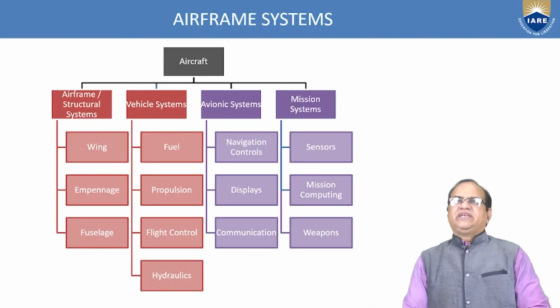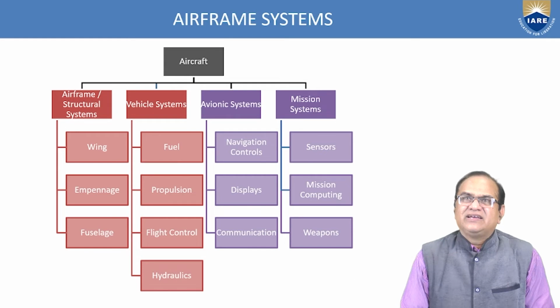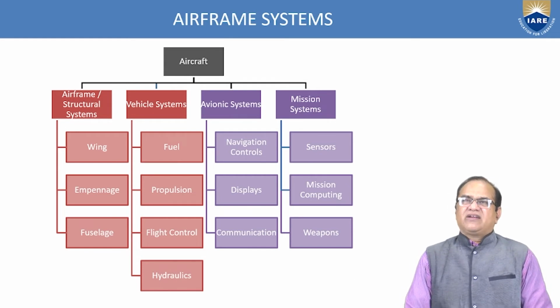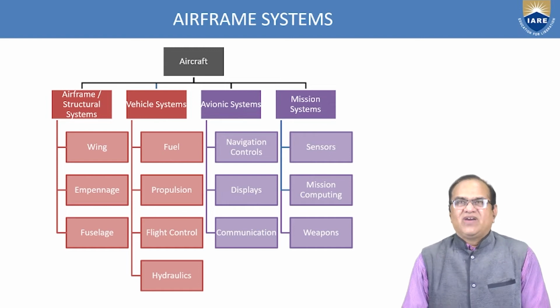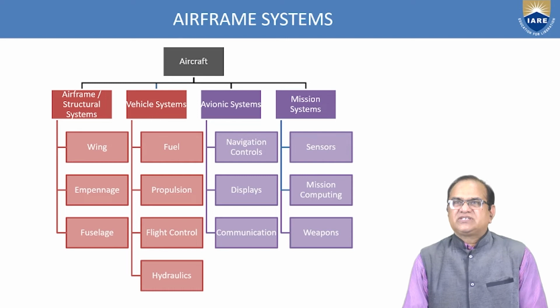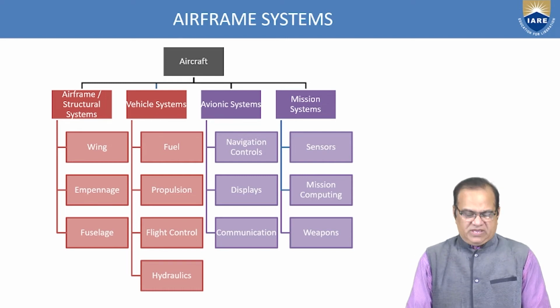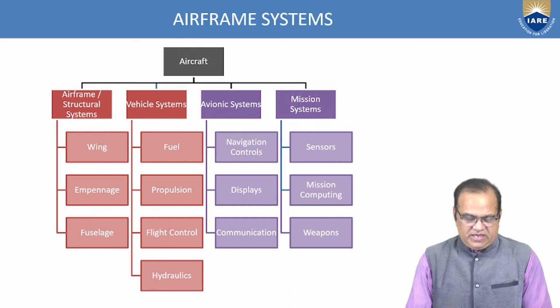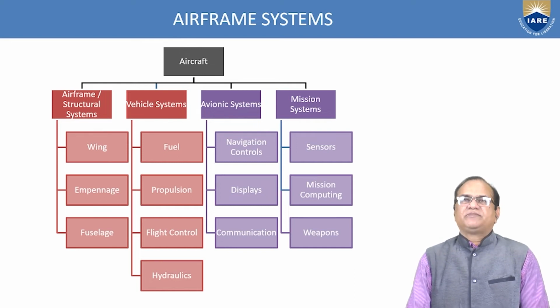So here we can have a classification of the aircraft systems. For the aircraft, we have the airframe and structural system, then the vehicle system, then the avionics system, then the mission system. In airframe structural, we have the wing, empennage, and the fuselage.